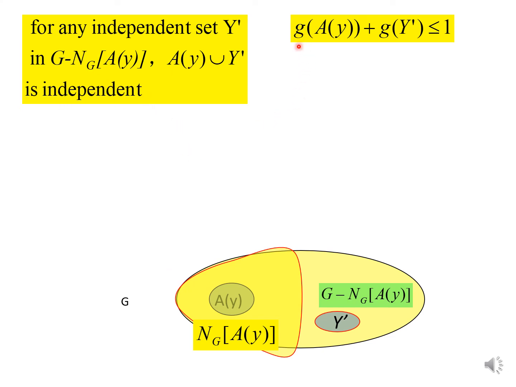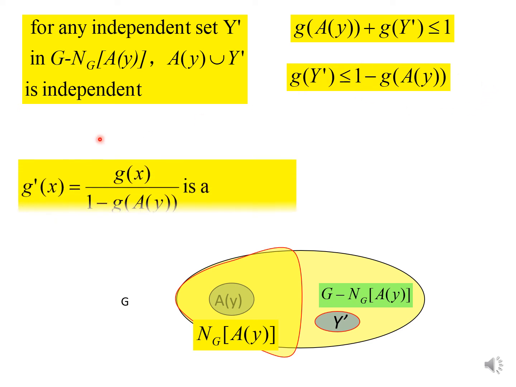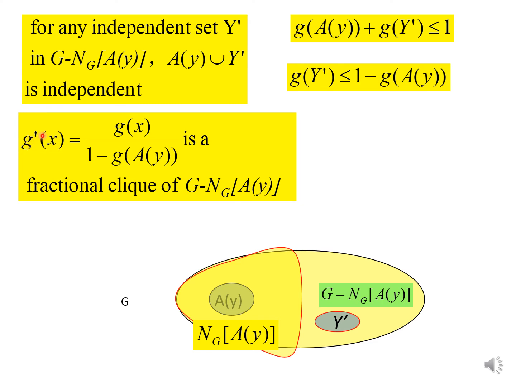And therefore, because g is a fractional clique of G, the weight of this union is bounded by 1. This means that g(A_Y') is bounded by this number. Now, if I define g'(X) to be this number, then for every independent set Y' of this graph, g'(Y') is less or equal to 1, right?